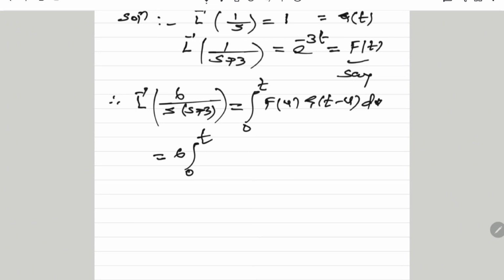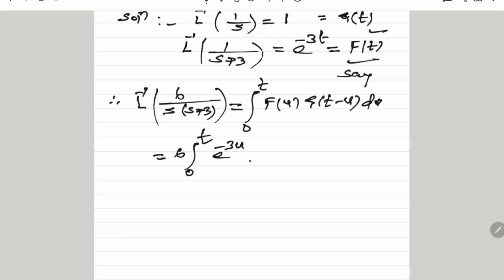Replace t by u in this term f of t, and therefore it becomes e raised to minus 3u, and in g of t replace t by t minus u.